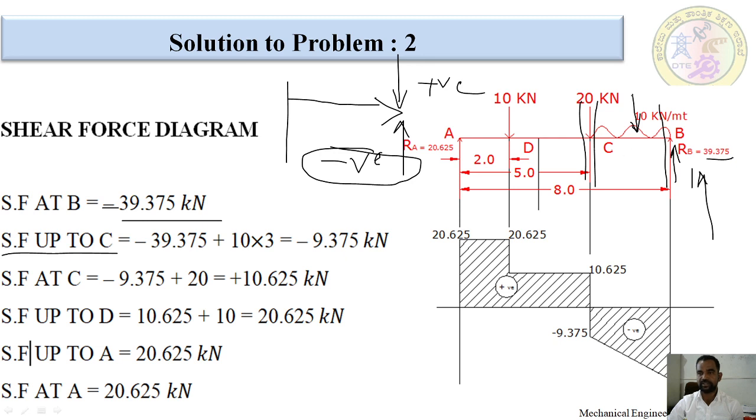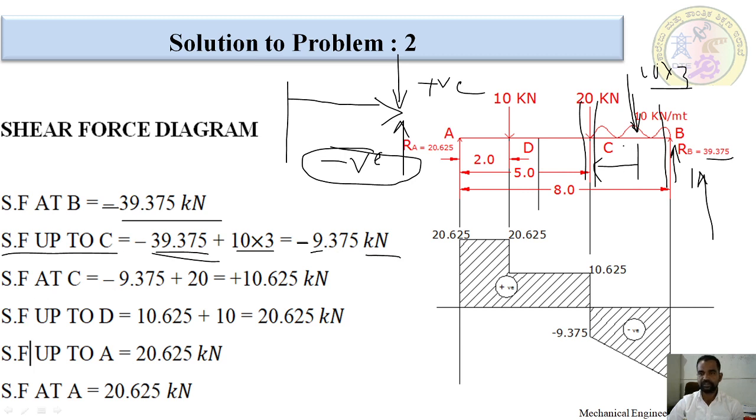We are considering this one, 10 into 3, because the UDL converted to a point load is 30 kilonewton, and the distance from here to here is 1.5. Now we are not considering distances here, only forces. 39.375 is an upward force, negative, plus 10 into 3 is equal to 30 kilonewton. Total: this is positive 30, this is negative 39.375. This gives us negative 9.375 kilonewton.